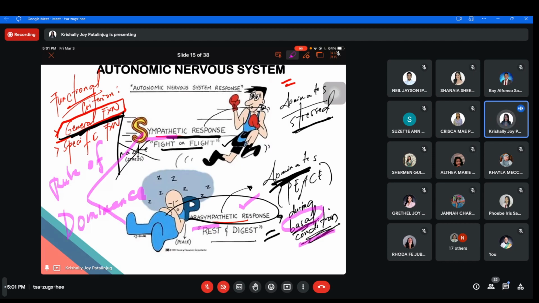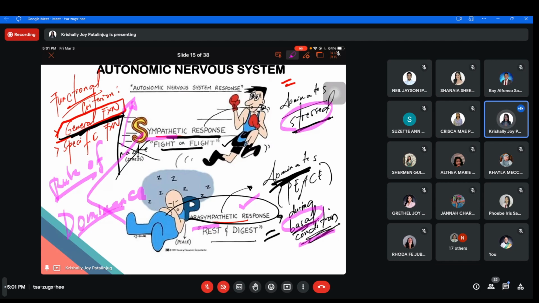And when the time comes na na-activate ang stress sa katawan, the sympathetic nervous system will shoot up. It will shoot up, dominating over parasympathetic response. So, it's purely rule of dominance.